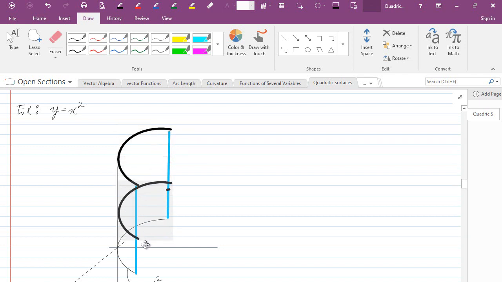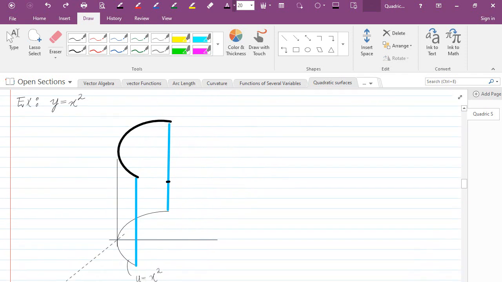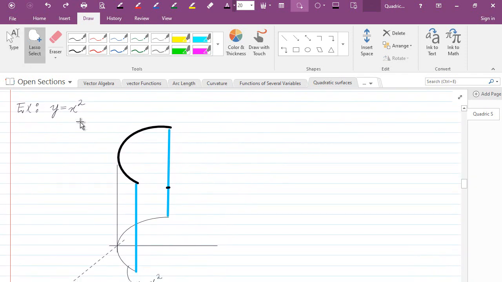When k is 0, we get this parabola in the xy plane, and when we look at the z equals 2 plane, we get this parabola, then z equals 3, 4, 5, and so on. We are getting the same parabola as the trace. And when k is negative, we will also get copies of the parabola. So you can see that the graph of this is this curved surface.